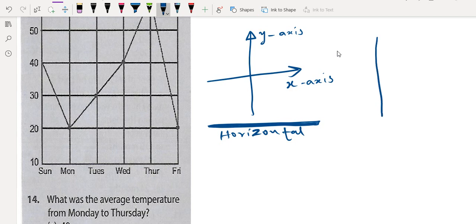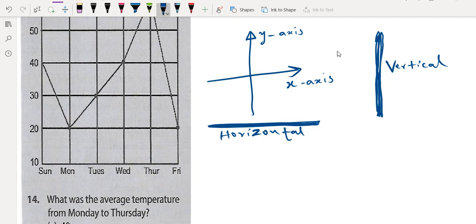Y-axis is always standing tall, always pointing up and down. We say it is vertical. We say it is what? Vertical. So this vertical line is your y-axis, and in this case it represents what?